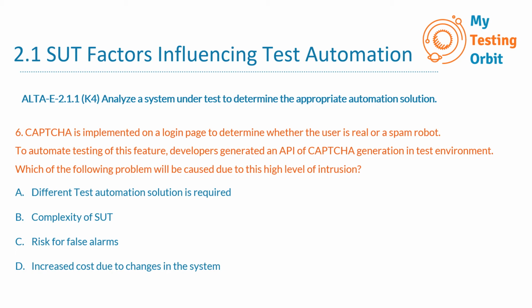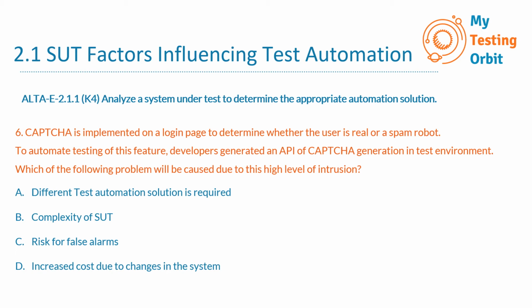Okay, so first of all, let's have a look at what is high level of intrusion. So there is a system, and let's say that if you are manually testing the login page, then of course it's not an issue to test CAPTCHA. But when you are automating, the purpose of CAPTCHA is to identify if it's a human doing this action, or it's just like a spam robot.